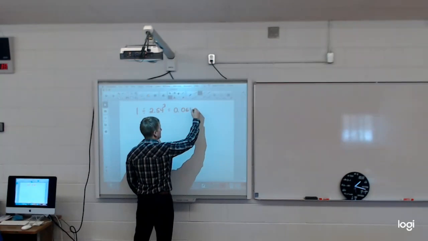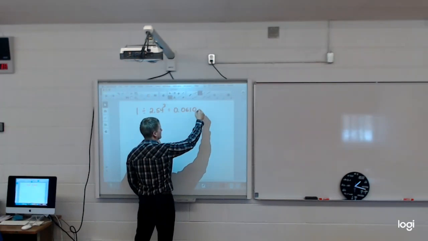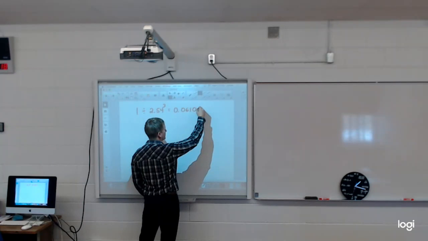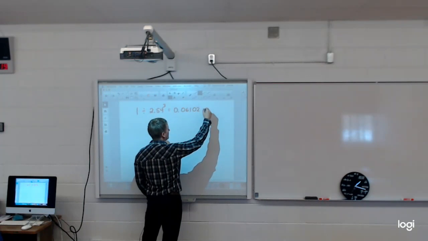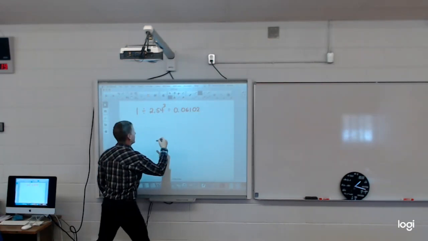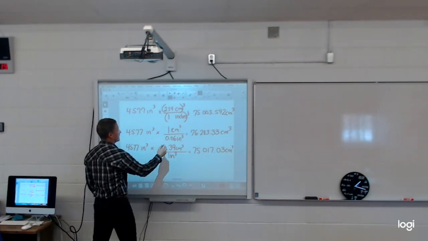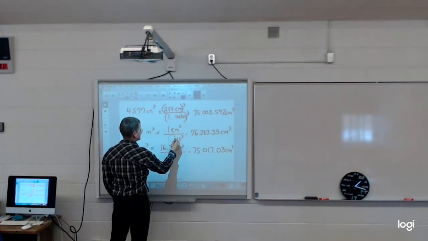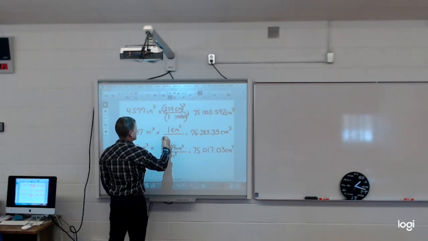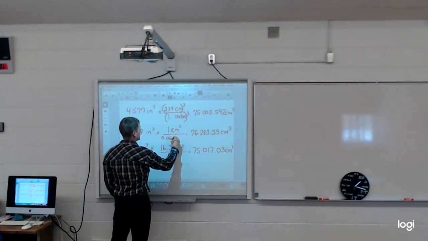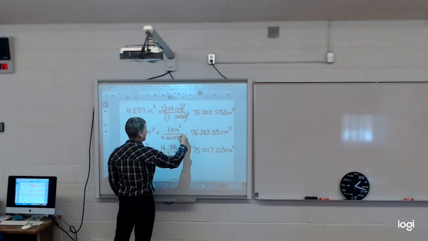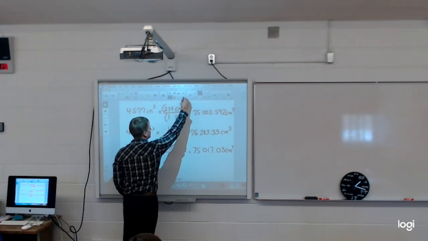0.0610. What's in the 5th decimal place? 2. Okay. So let's try this again. Going back to the last page, and instead of using 0.06, let's use 0.06102 and see what we get here.